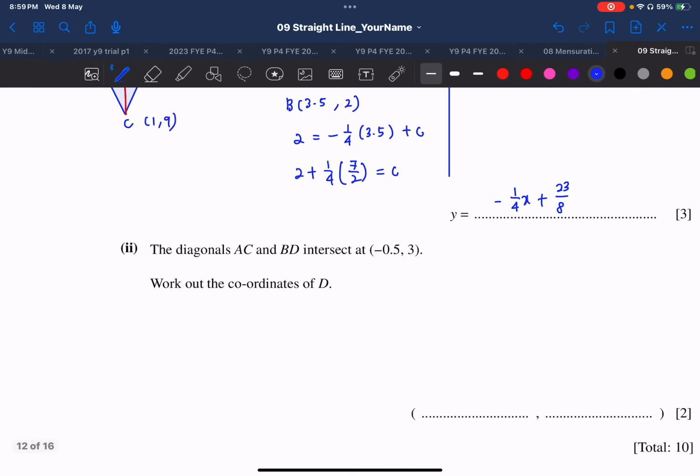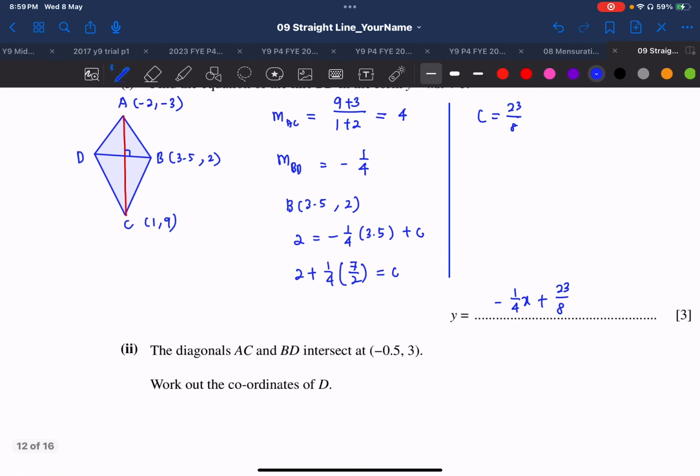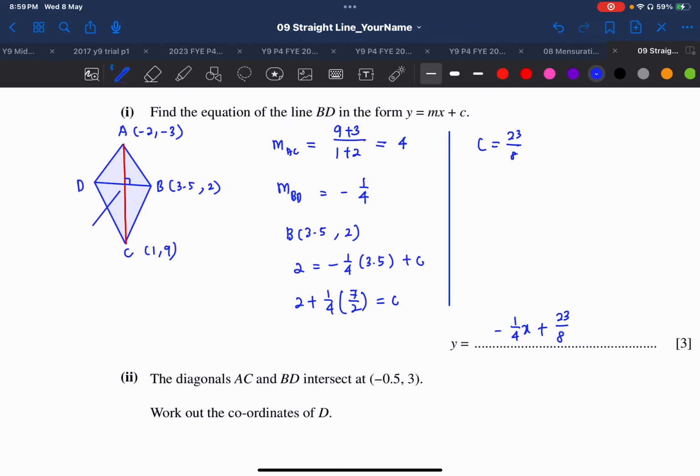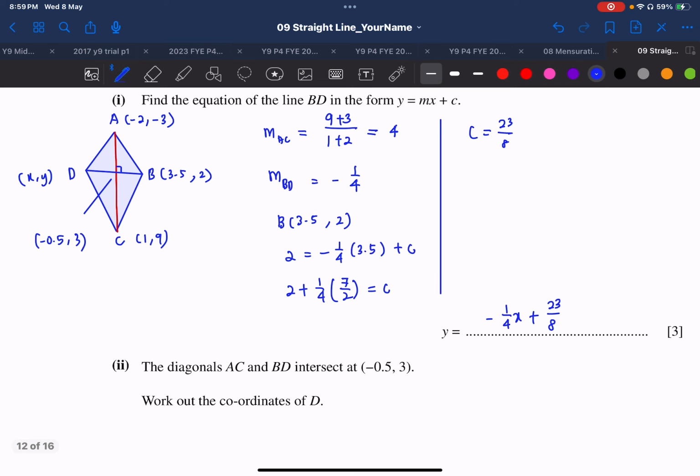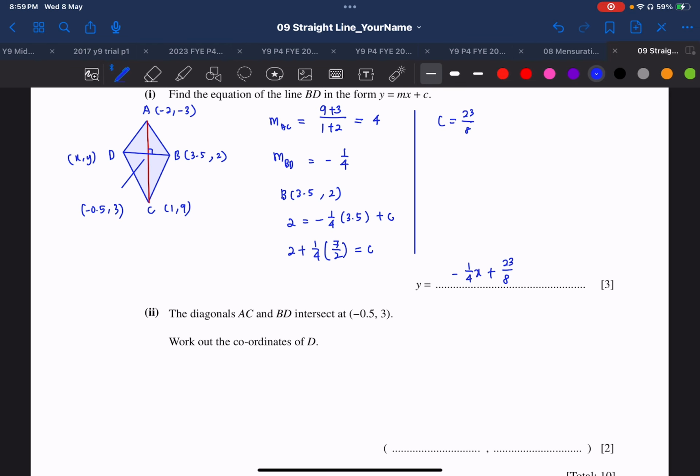Alright, next question. The diagonals AC and BD intersect at (negative 0.5, 3). Find or work out the coordinates of D. Since I know that, right, BD, the center is (negative 0.5, 3), so meaning (3.5 plus x) over 2 is equivalent to negative 0.5, and my x is negative 4.5, or negative 9 over 2.